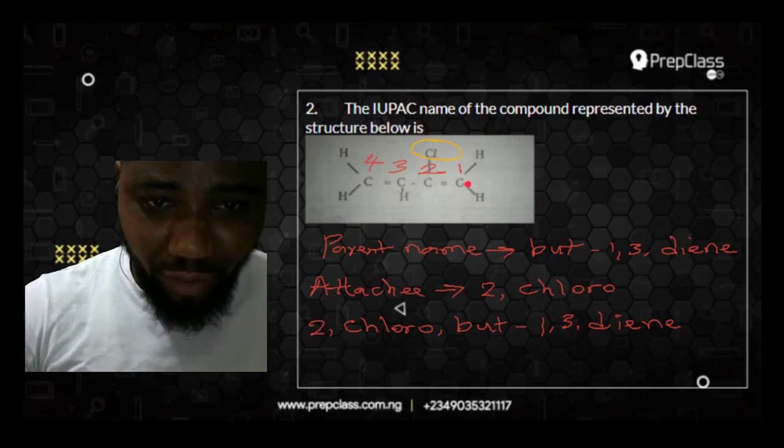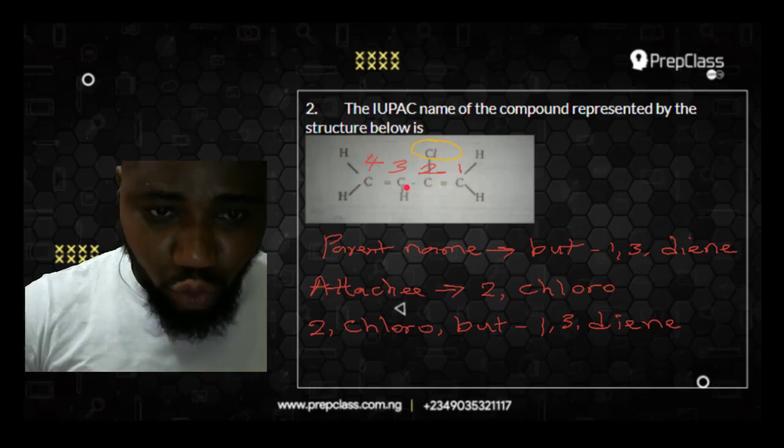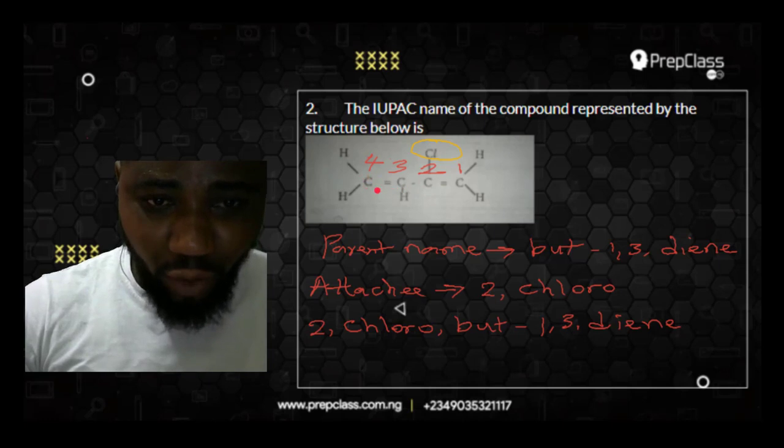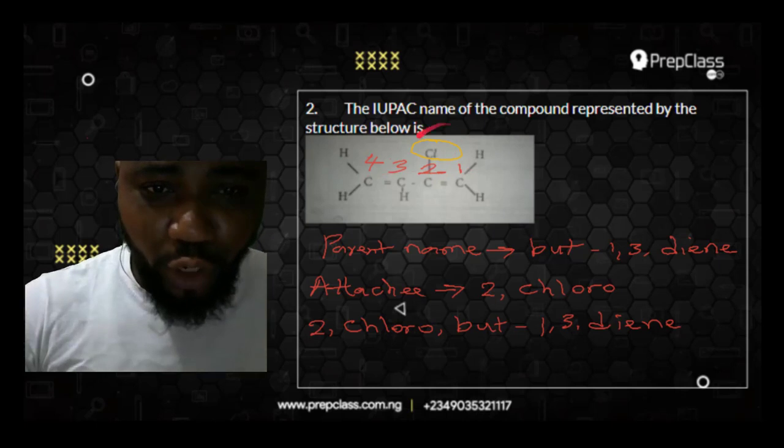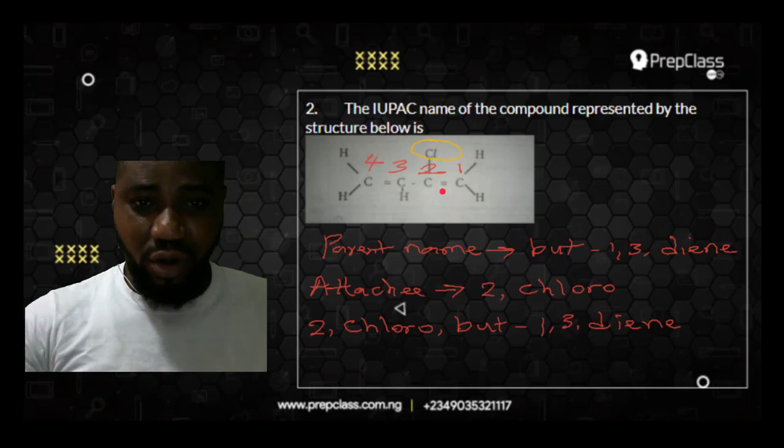Now, if I had numbered from the front, I'll still have 1, 2, 3, 4, which simply means the double bond will still be in the first and third carbon atoms, which is 1,3-diene. But this chlorine will be in the third carbon atom. So I decided to number from behind to give both the chlorine and this double bond the smallest possible number.